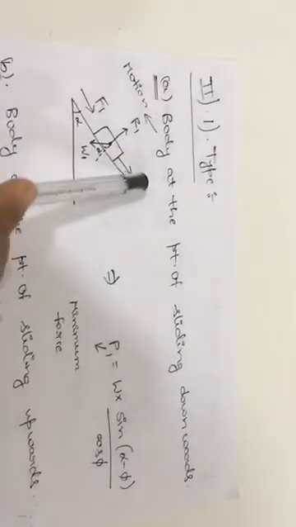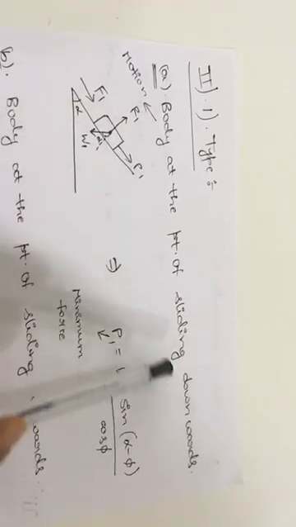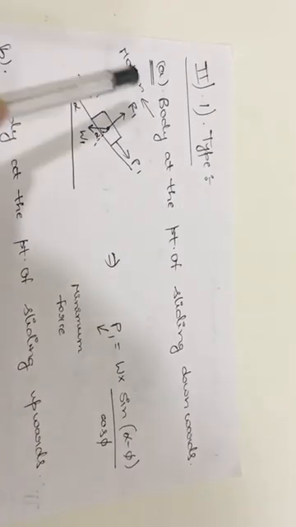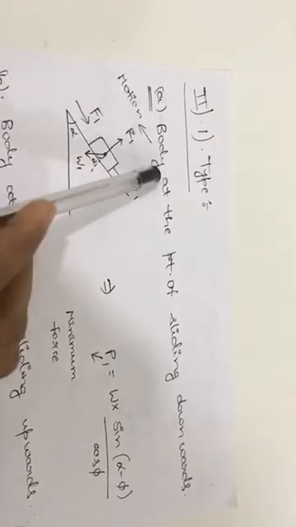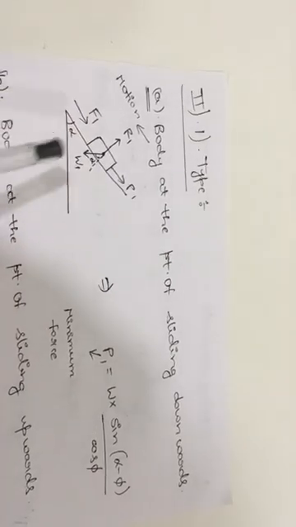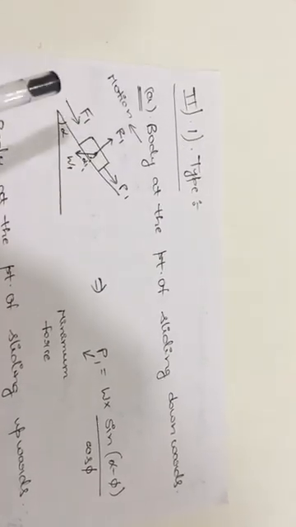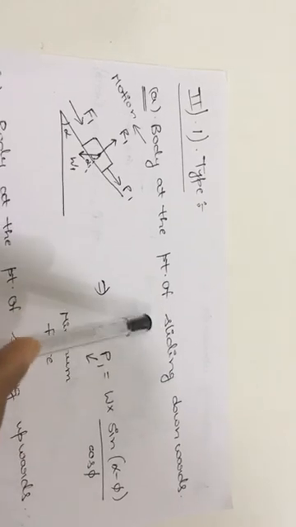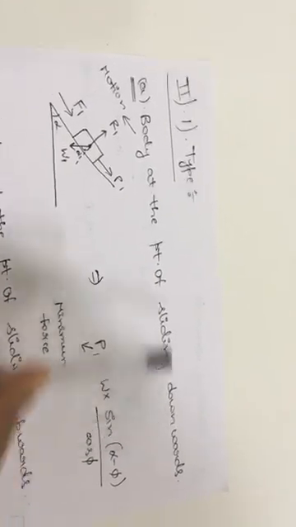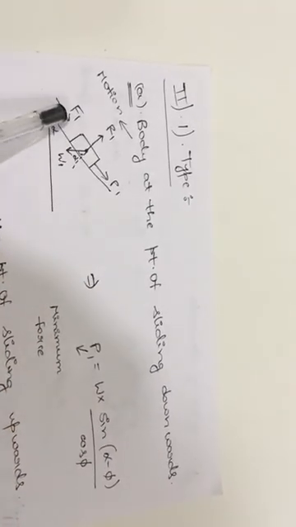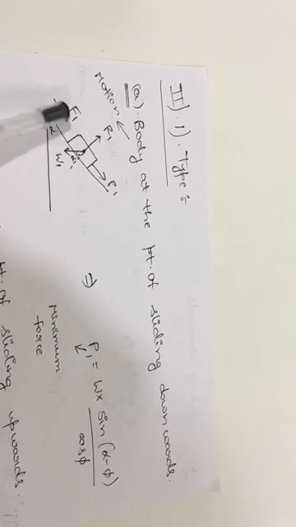Now here again the first type is the body at the point of sliding in the downward direction. Sliding in the downward direction means motion is in the downward direction. We know that motion and friction always oppose each other. Here at the point of sliding in the downward direction, we will get the frictional resistance force in the upward direction. See the arrow mark here.